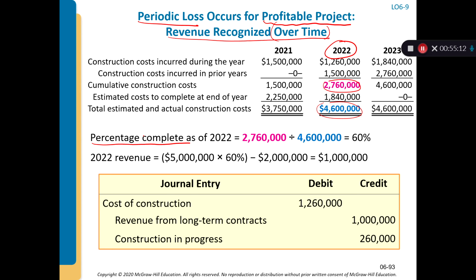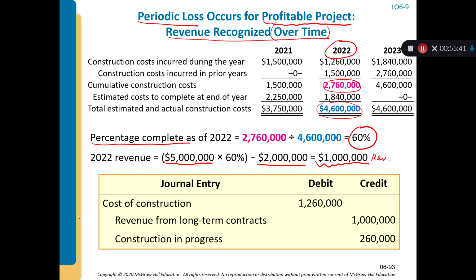So you find that the completion percentage is 60%. And when you multiply the contractual price, which is 5 million, by 60%, it's actually $3 million. When $3 million minus the previously recognized revenue of 2 million, you know that in this period you can recognize $1 million of revenue.